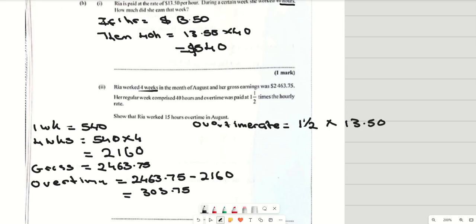So for 1 hour of overtime, it would be $13.50 multiplied by 1.5. So for 1 hour of overtime, it is $20.25. So we know we're trying to find the number of hours she worked. So we're going to use an if, then, therefore. We have if, then, therefore. Right?